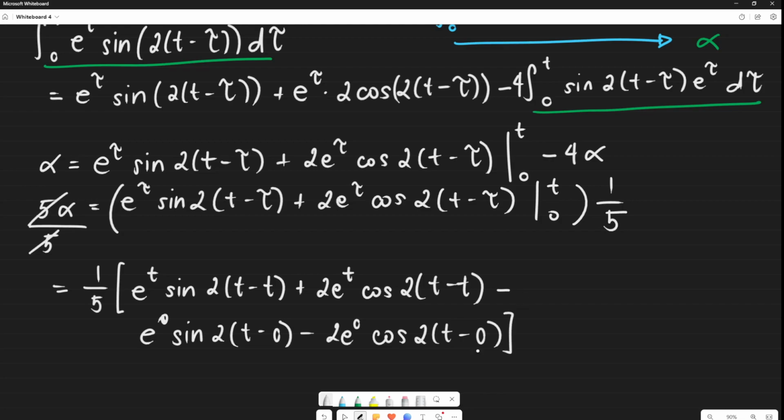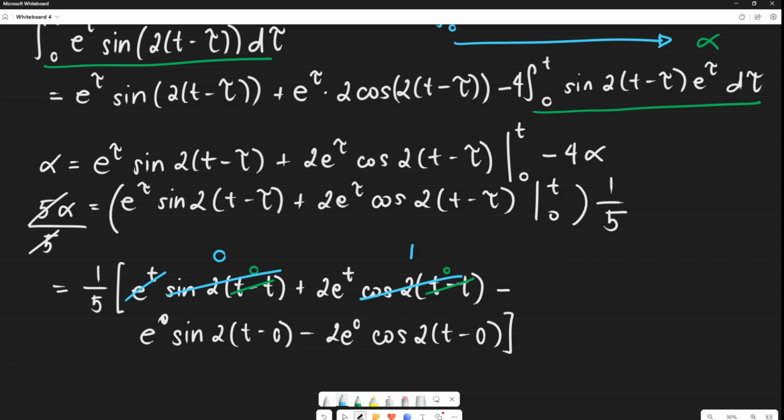With that, this will become 0. Likewise, this will become 0. So 2 times 0 is 0. Sine of 0 is basically 0, so this whole term is cancelled because of the 0. Here, 2 times 0 is 0, but cosine of 0 is 1, so what remains is 2e raised to t.